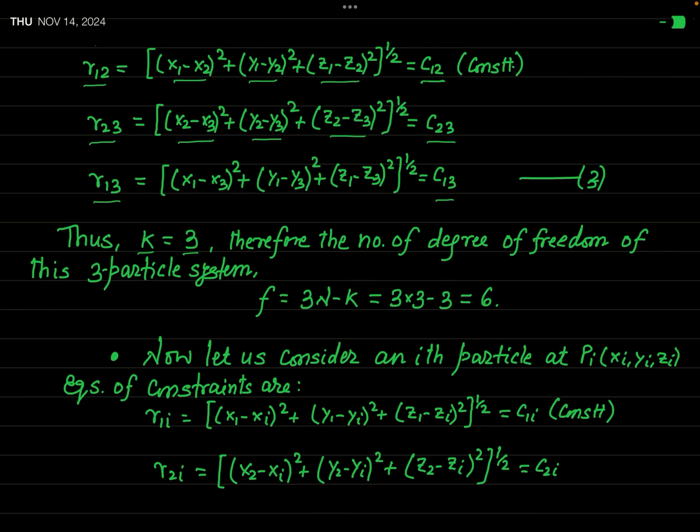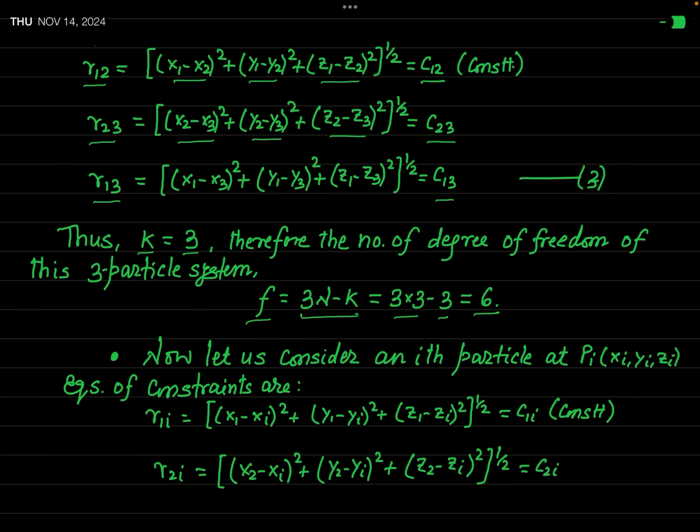And so what will be the degrees of freedom of this 3 particle system? You know the formula, F equals 3n minus k. Okay, so this will be 3 times 3 minus 3, because the number of particles is 3 and k is also 3. So this is equal to 6.